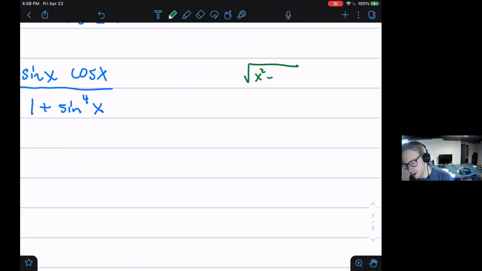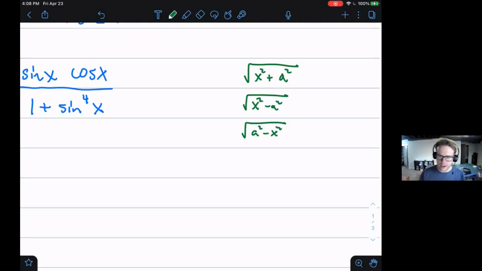So for instance, the table in 7.3 that was all about this sort of stuff: if you have a square root of x squared plus a squared, the square root of x squared minus a squared, or the square root of a squared minus x squared. And of course, this can be generalized. You don't need to have a square root necessarily, but that's kind of maybe the inspiration behind trig sub, is that you get to trade in for this perfect square, and then that will nicely cancel with your square root.